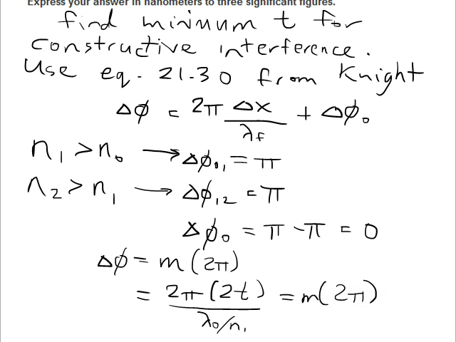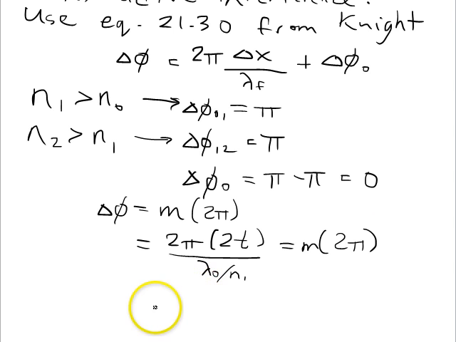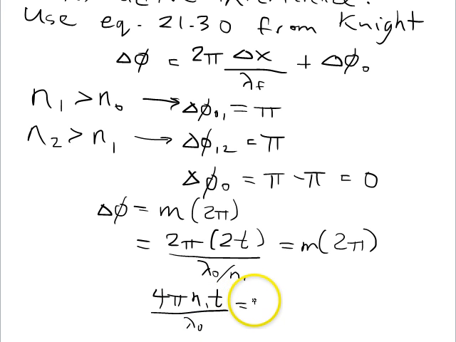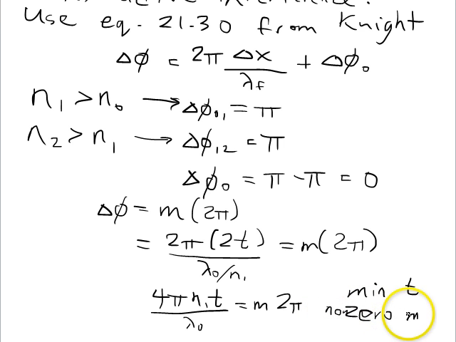And then solving that out a little bit more, we would see that 4 pi times n1 times t divided by lambda out in air is equal to m times 2 pi. And the minimum non-zero t occurs for m equals 1.